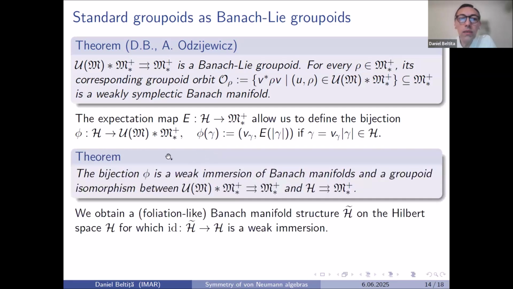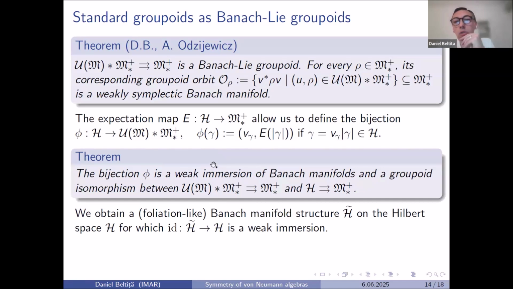And the theorem is that the above bijection is actually an isomorphism of groupoids, certainly. But we have here a Banach manifold structure and also on the Hilbert space a Banach manifold structure. So this mapping turns out to be smooth and actually a weak immersion in the sense that its differential at every point is injective.